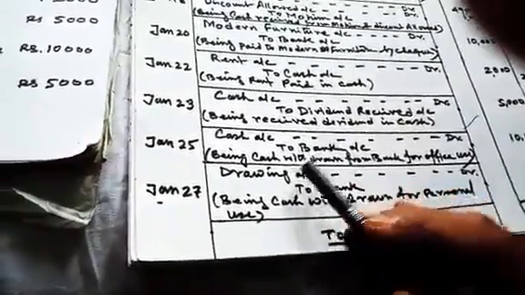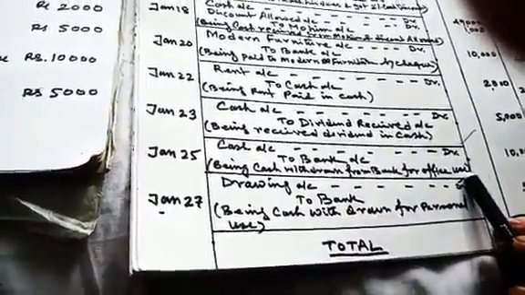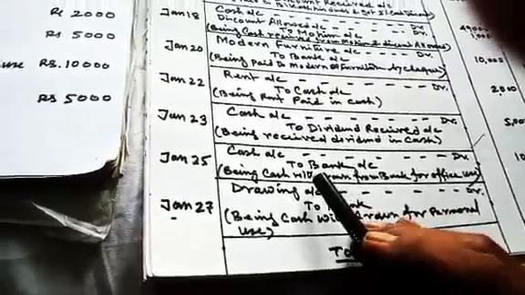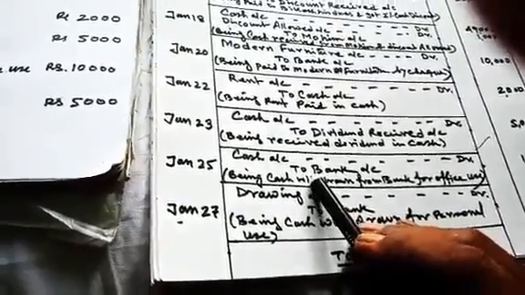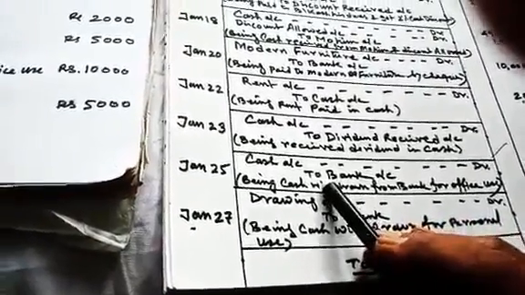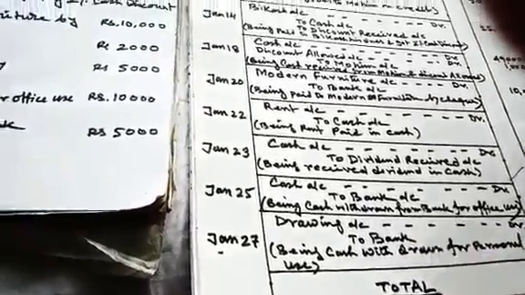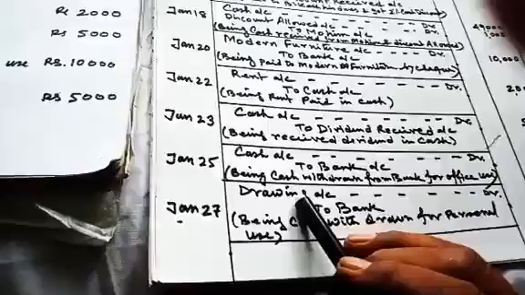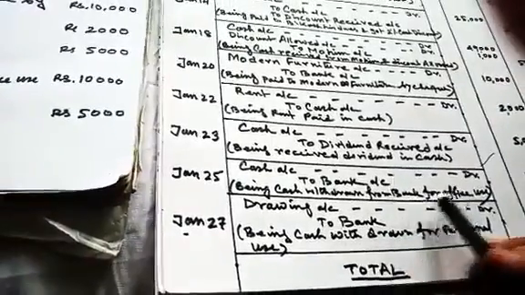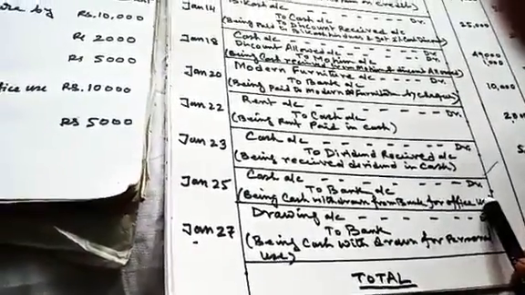So cash is debited. Since bank account is decreasing, credit is bank account, 10,000, 10,000. Being cash withdrawn from bank for office use.